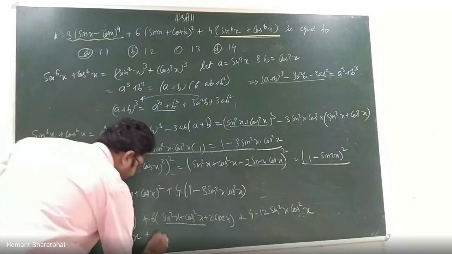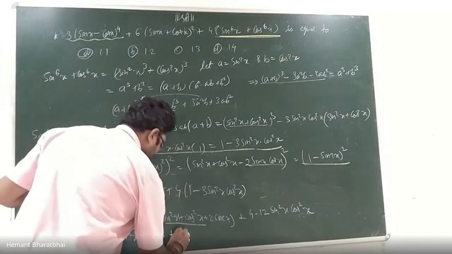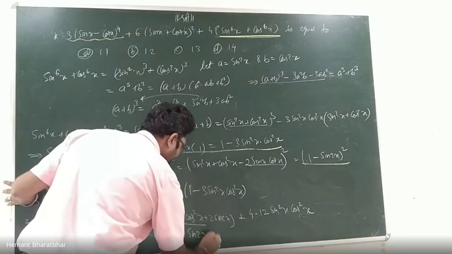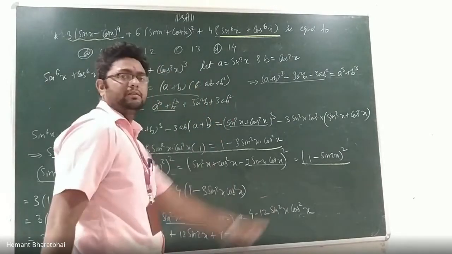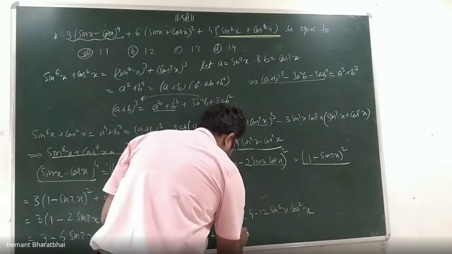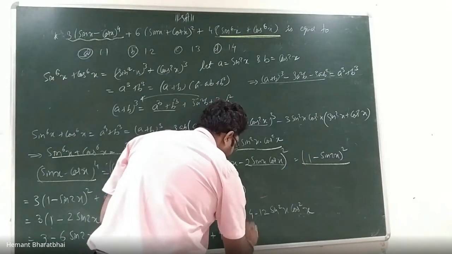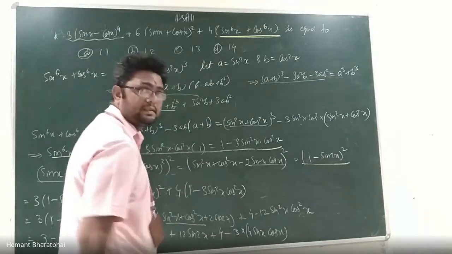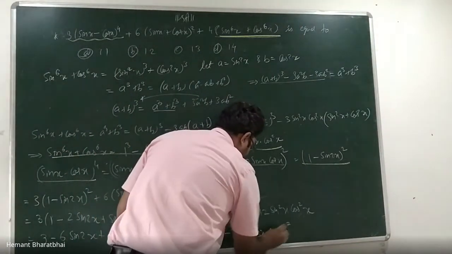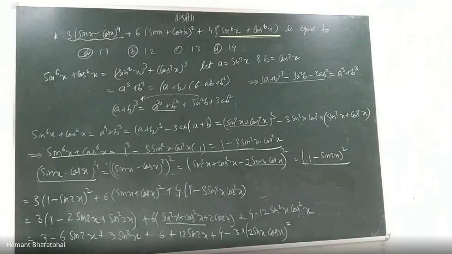So 1 into 6, that will give me 6, plus this 6 into 2, that is 12 sin 2x, plus 4 minus this 12, which can be written as 4 into 3. So 3 into this 4 into sin x into cos x, the whole square. Okay, so this is how I can write.